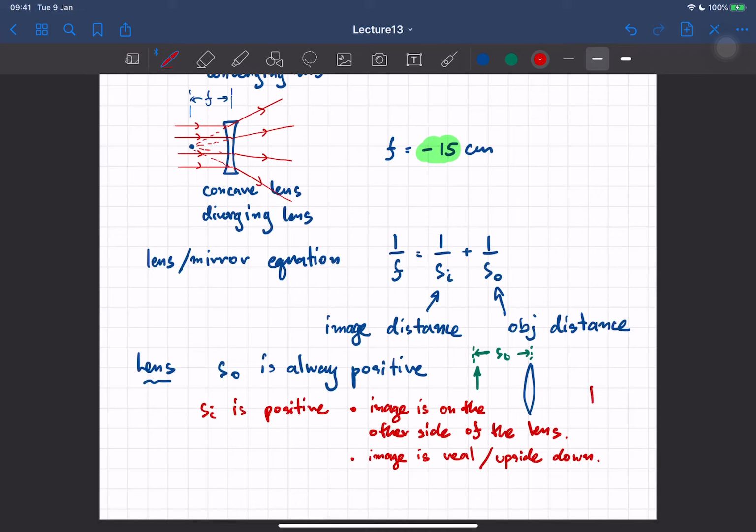So it's gonna be something that looks like this. Real image means the light rays really intersect at that point. That also means if you put a piece of paper here, then you're gonna see an image projected on this paper. That's what we mean by real image. So think about a projector that you see in your classroom, right?